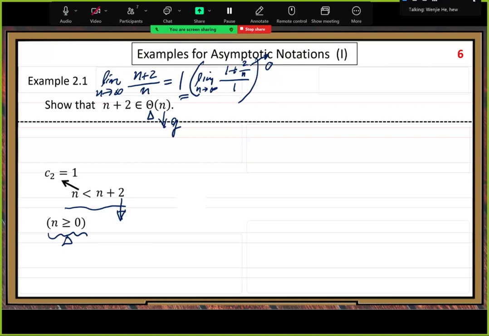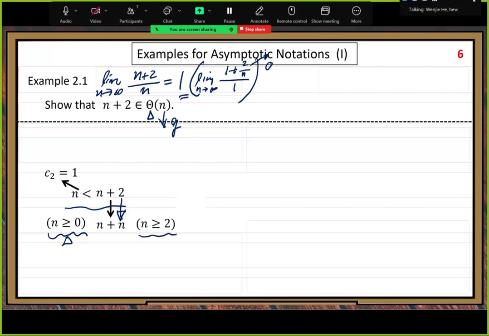We want to replace 2 by n and make the resulting function larger. That means n should be greater or equal to 2. N cannot be less than 2.